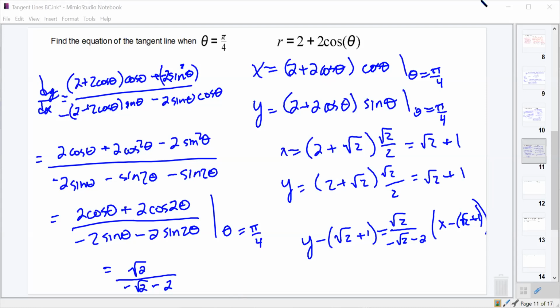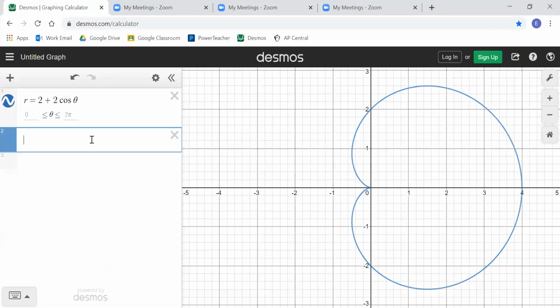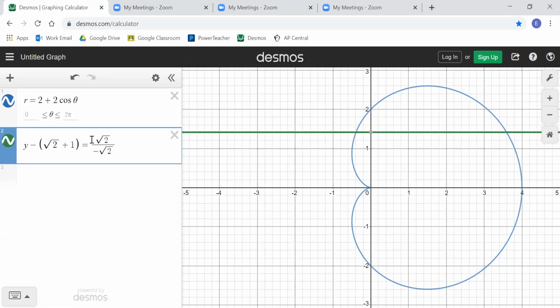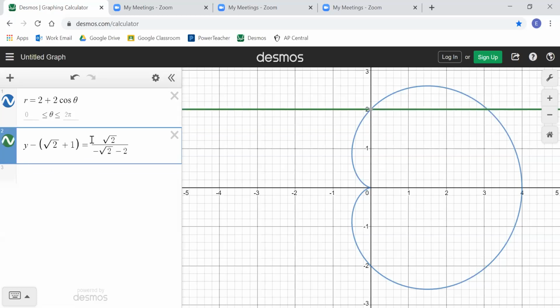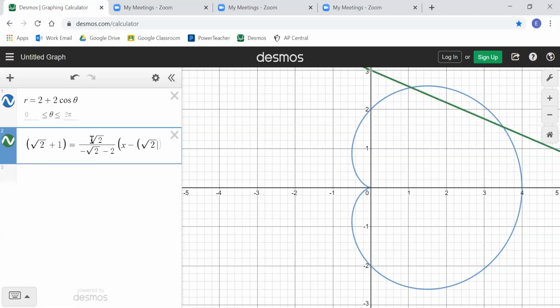That's right, Nick. It is amazing. That is right. So y minus root 2 plus 1 equals, now I don't even remember, what was it? Square root of 2 divided by negative square root of 2 minus 2. Is that right? Hopefully that was right. If that's wrong, somebody tell me I'm writing this in wrong. Just doing this from memory here.